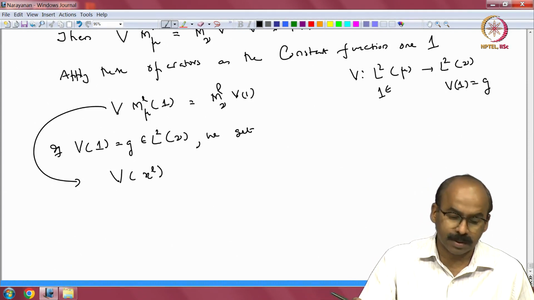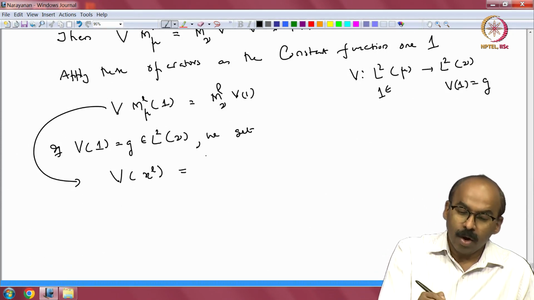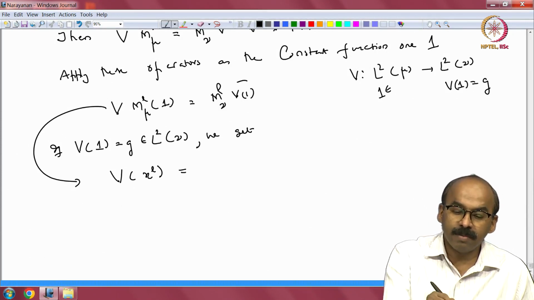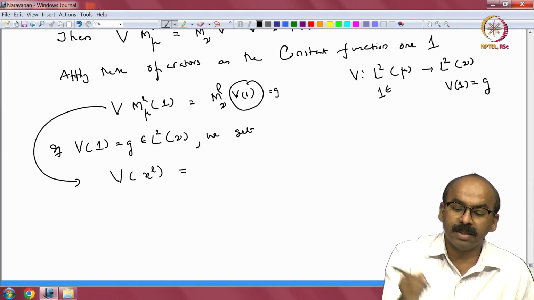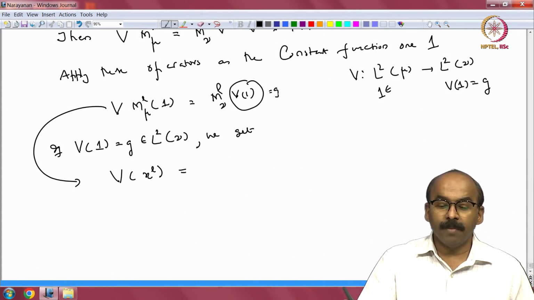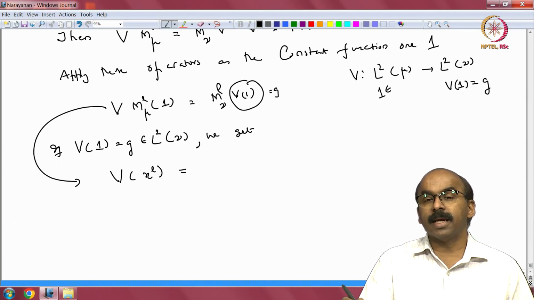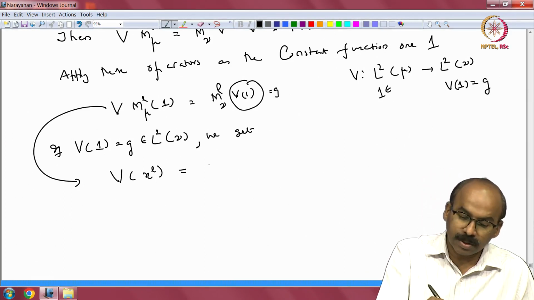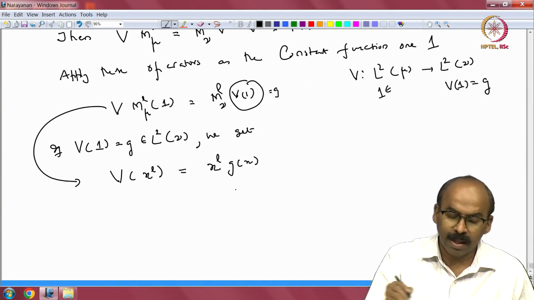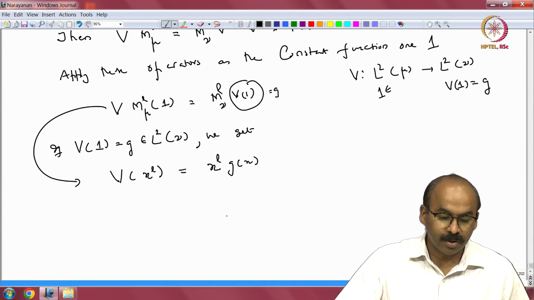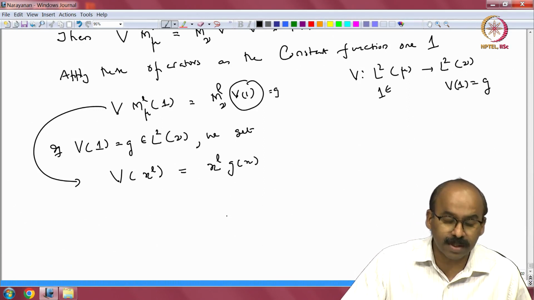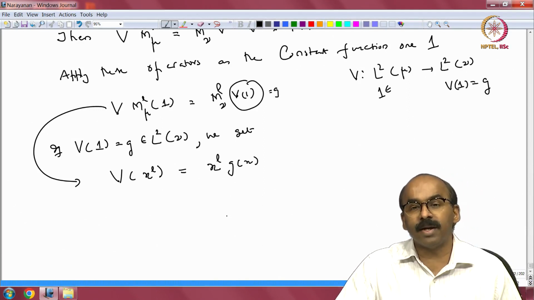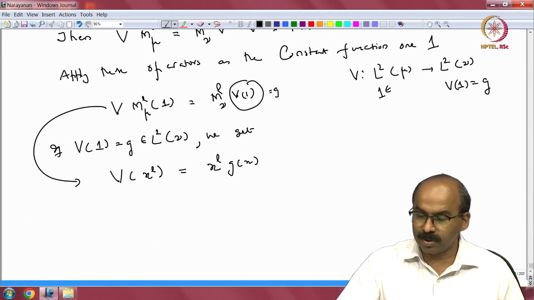So, V is acting on this equal to, on the right hand side, V 1 is my function g, and m nu to the L is simply multiplication by x to the L. So, that is x to the L times g of x. Okay. So, the notation is slightly not correct, I should put V x to the L as a function evaluated at x equal to this, but I am sure you understand this.